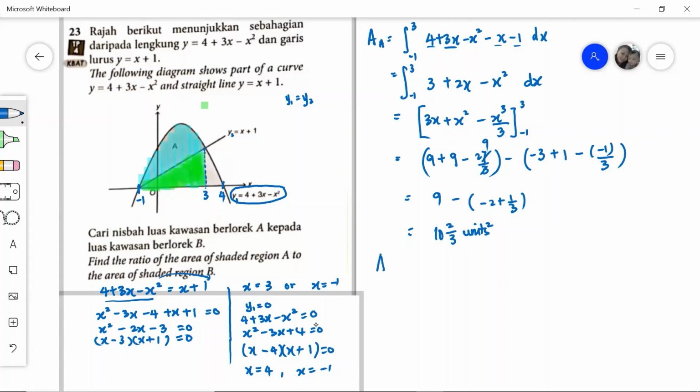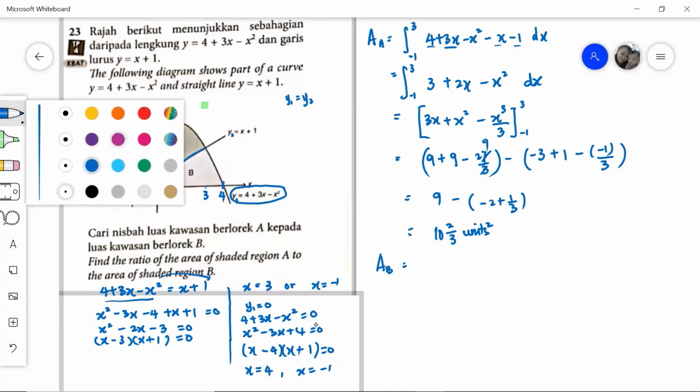What about area of B? Let's look at B. Let me just erase the green shaded region. Okay, so focus on the area of B. B consists of the area under the linear graph as well as the curve.